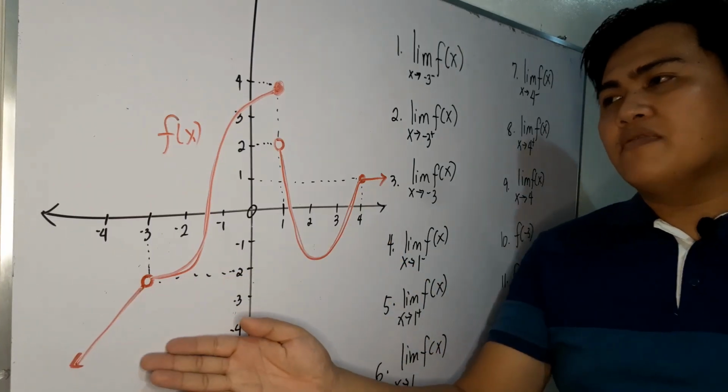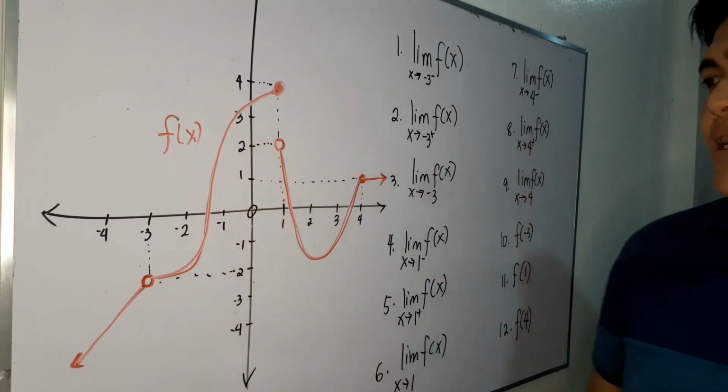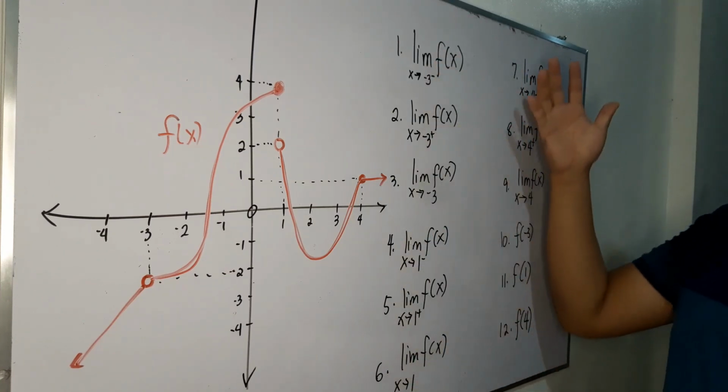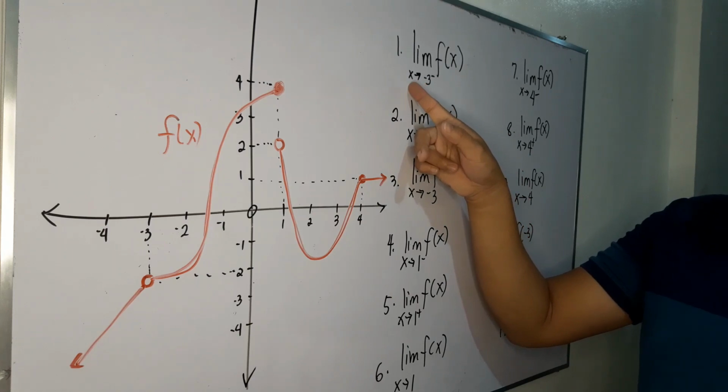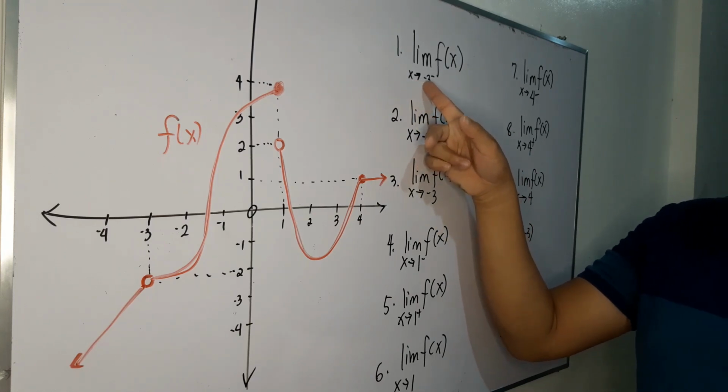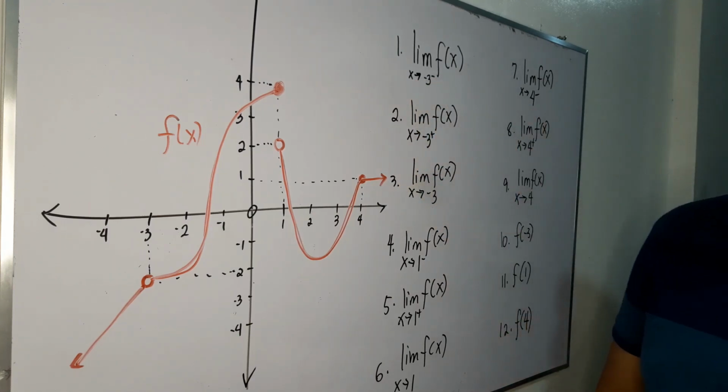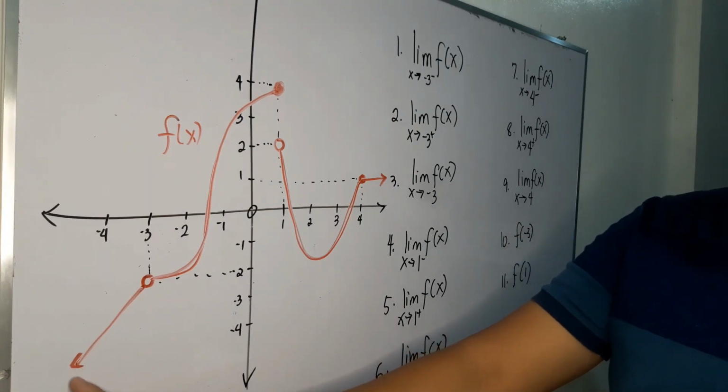We have here a graph of a function f of x, the red one, and we are asked to find the following. The limit of f of x as x approaches negative 3 from the left. So we will trace the graph from the left. The y here is increasing.